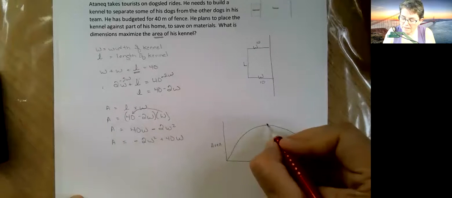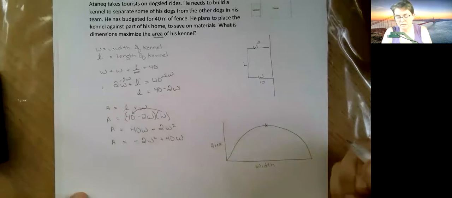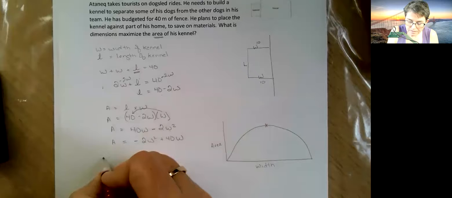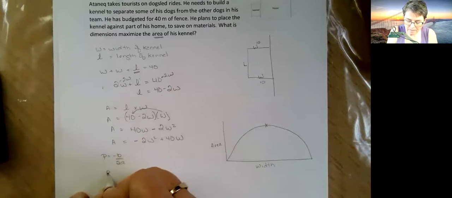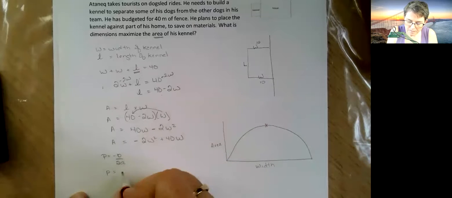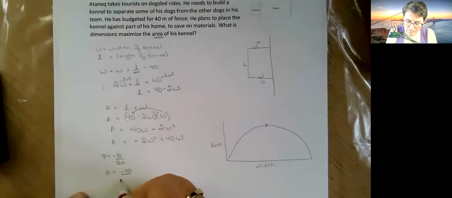So my maximum area is going to be at my vertex. So W is equal to minus B over 2A. W is equal to minus 40 over 2 times minus 2.